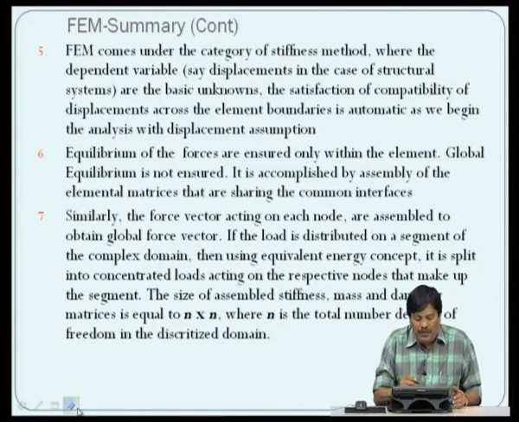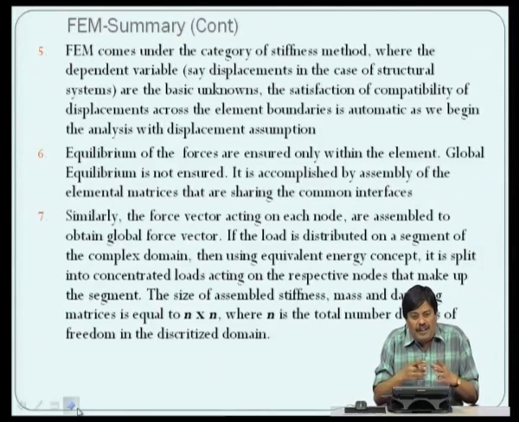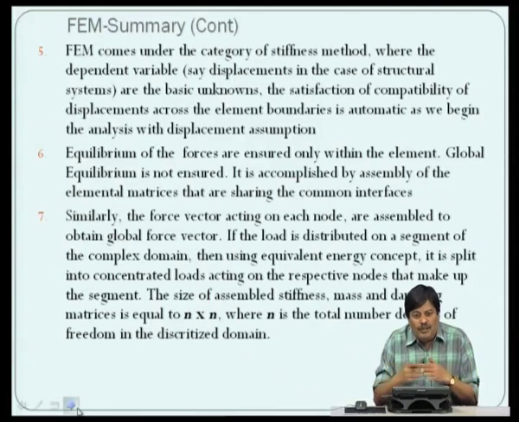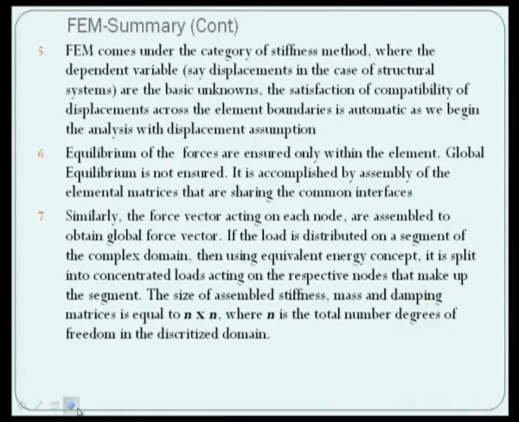So, when we assemble the whole matrices, in the case of a rod we have a 2 by 2, and when we assemble all the matrices, say it has 10 elements, the total assembled matrix will be 20 by 20. So, it will be n by n. If there are n degrees of freedom, the assembled stiffness matrix will be of the order n by n.